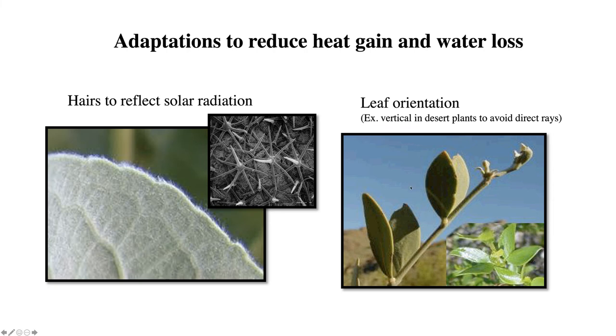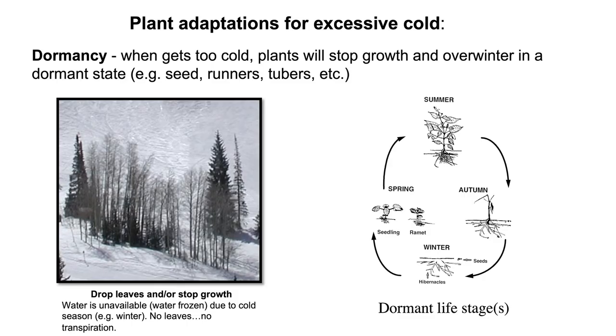The other thing is plants throughout the day can actually change their leaf orientation so that during the hottest parts of the day, they can reorient the leaves so they're not getting absolute direct rays of the sun and not overheating and not losing too much water as well.